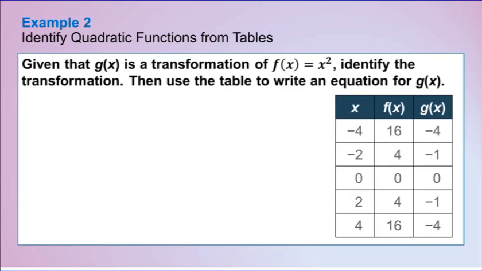Next, example 2, given that g of x is a transformation of f of x equaling x squared, identify the transformation and use the table to write an equation for g of x. I think it might be easier to write the equation first to determine the transformation on that.